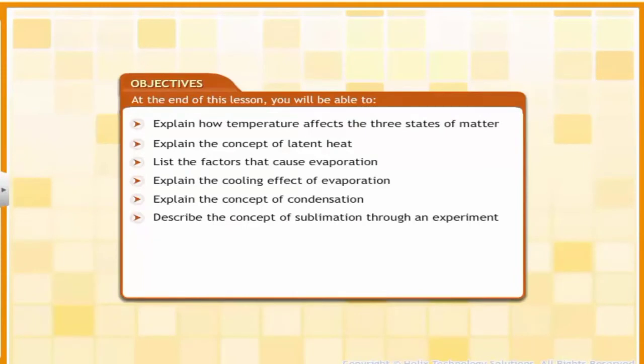At the end of this lesson, you will be able to explain how temperature affects the three states of matter, explain the concept of latent heat, list the factors that cause evaporation, explain the cooling effect of evaporation, explain the concept of condensation, and describe the concept of sublimation through an experiment.